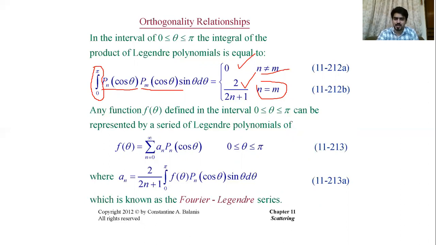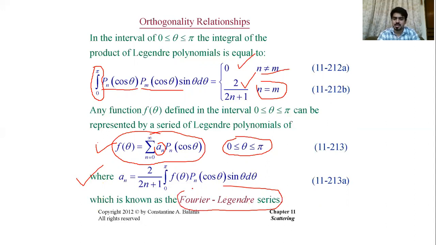In that region, any arbitrary function f of theta can be represented as an infinite summation of these Legendre polynomials, where the coefficient an is given by this integral, and this series is known as the Fourier-Legendre series. This is similar to what we have been doing in Fourier series, where you have sine and cosine. Here you have Legendre polynomials.